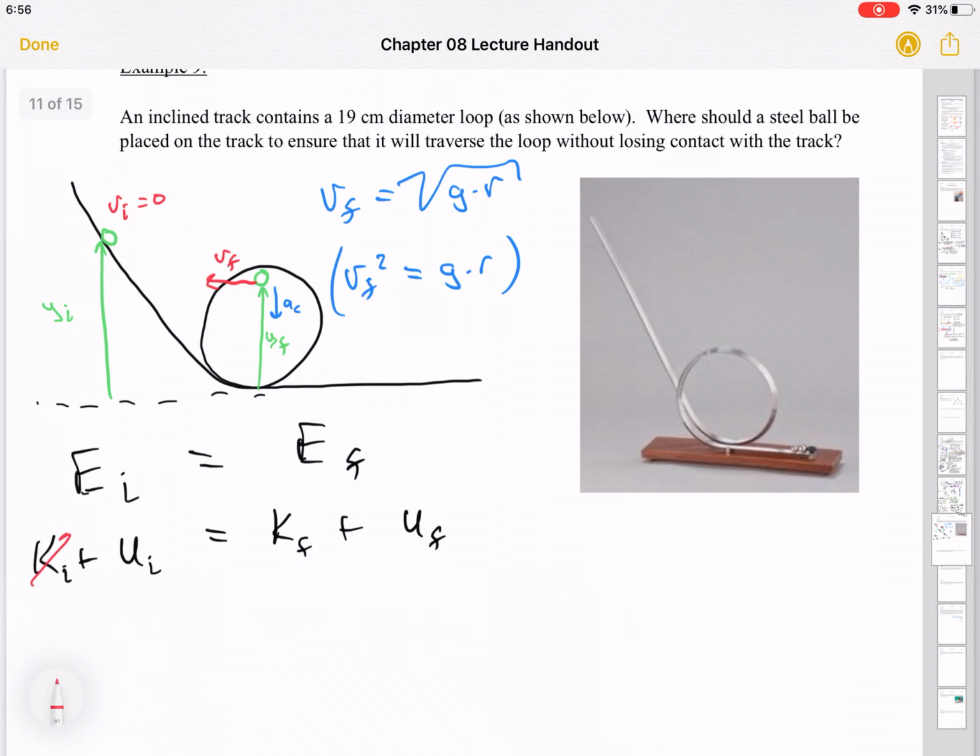So K initial is 0. K final is a non-zero thing. U final is non-zero, right? We're often going from the highest point to the lowest point, but here we're going from the highest point to another less high point. So those are both non-zero.